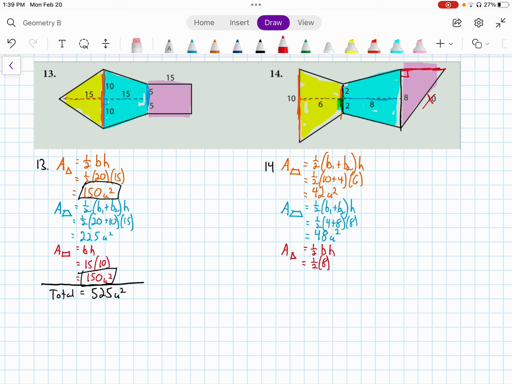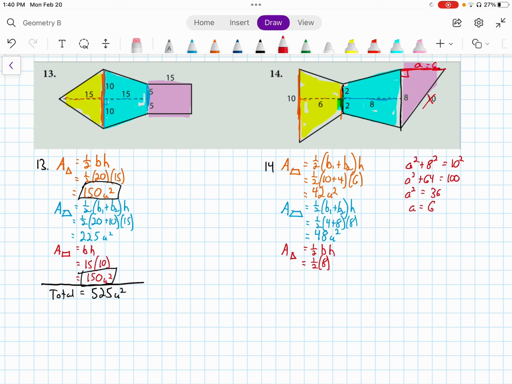Fortunately, we have the Pythagorean theorem to help us, so let's call this a. So we have a squared plus 8 squared equals 10 squared. a squared plus 64 equals 100. Subtracting 64 from both sides gives us 36, and we take the square root of both sides, and a equals 6.